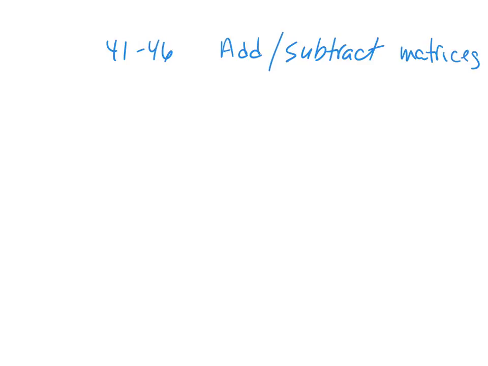So your matrices, you're going to add and subtract. 41 to 46, add, subtract matrices. And then you're going to do scalar multiplication on 47 and 48.